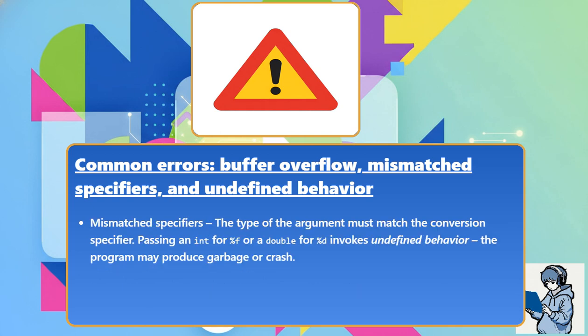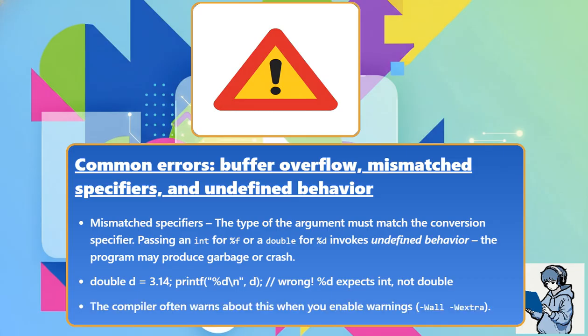Mismatched specifiers: the type of the argument must match the conversion specifier. Passing an int for %f or a double for %d invokes undefined behavior. The program may produce garbage or crash. double d = 3.14; printf("%d\n", d); // Wrong: %d expects int, not double.